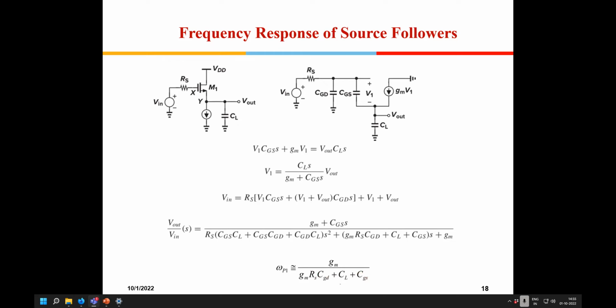Whereas for the CS amplifier, this CGD is getting multiplied by the gain. So this becomes very high in that case, and hence this frequency will become low. So the bandwidth available is lower. That is the way we analyze.